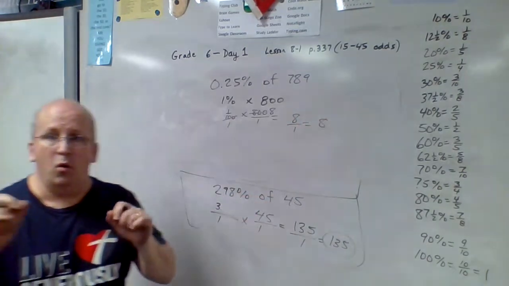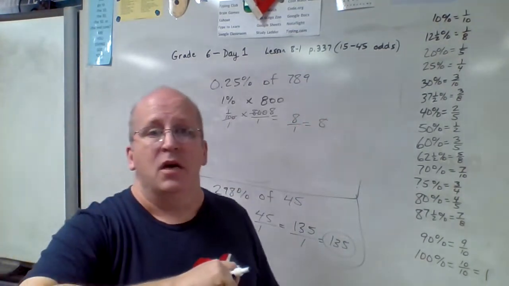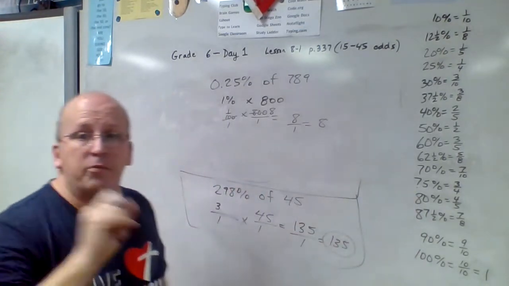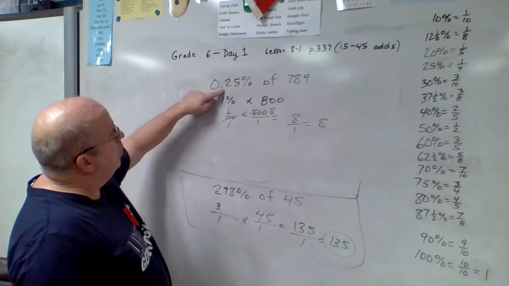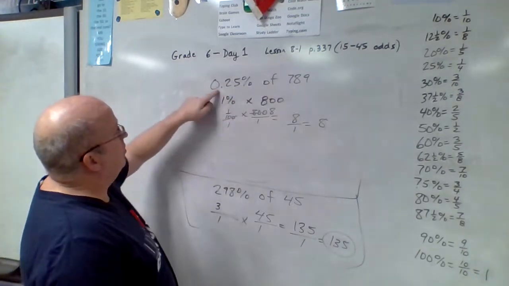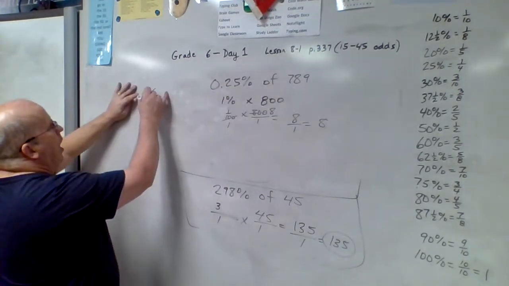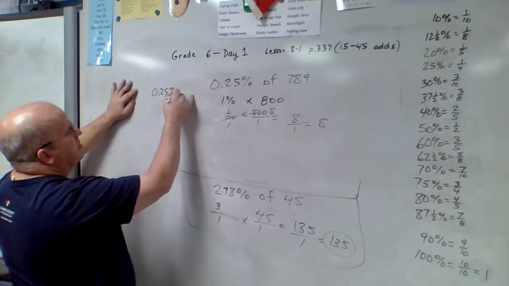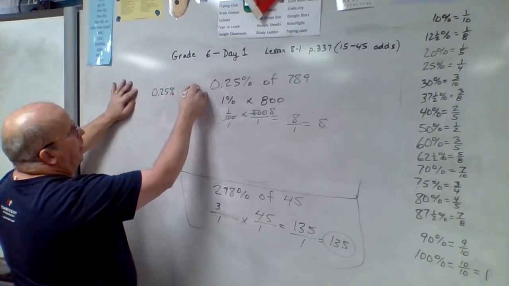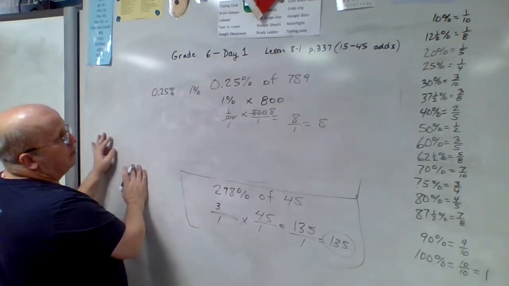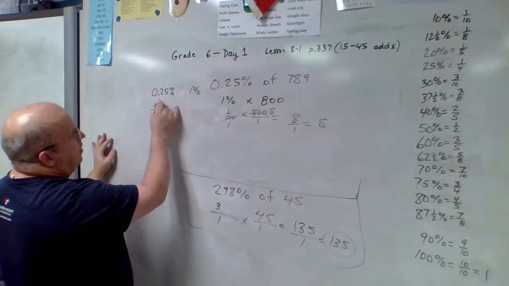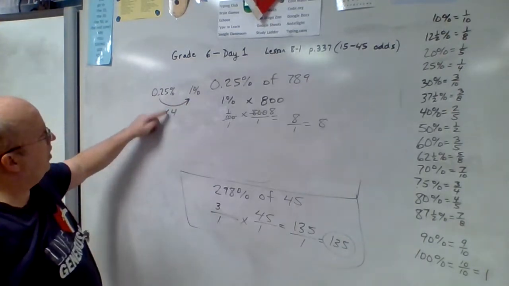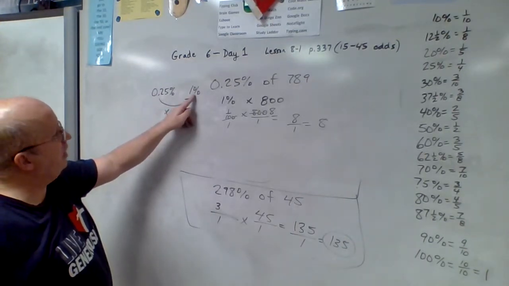Now, knowing that 1% of 789 is about 8 helps me to think through what this is going to be as an answer. I know that 0.25%, when I compare it to the number 1, it's off by a factor of 4. I have to take this times 4 to get to here.